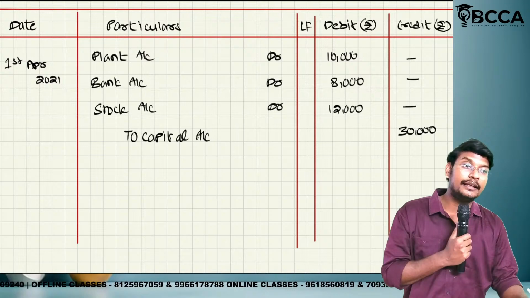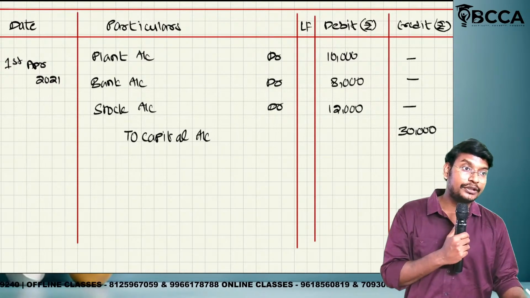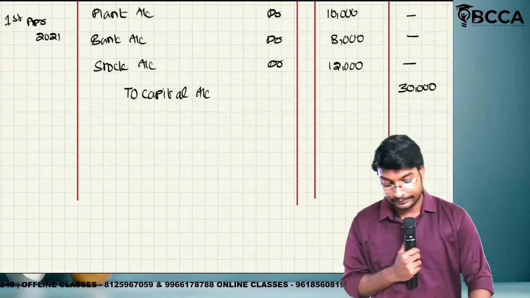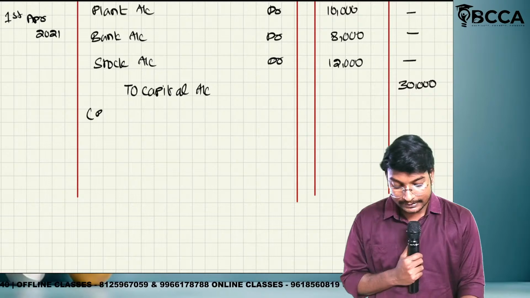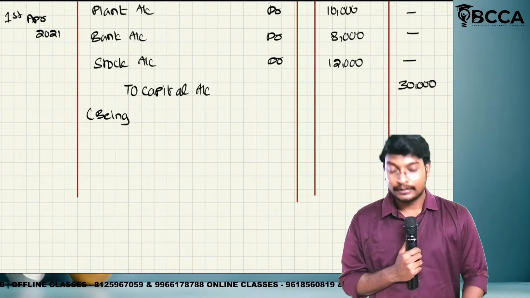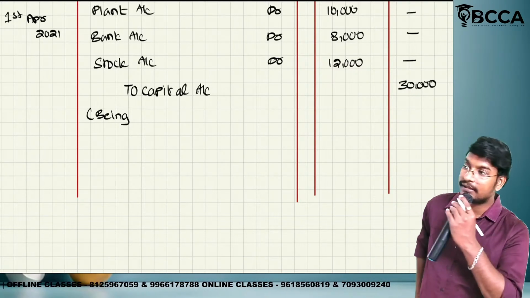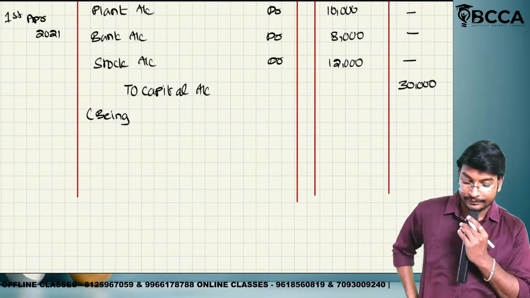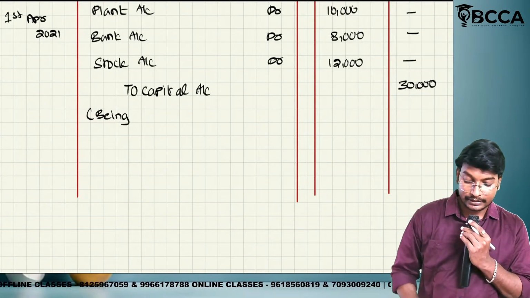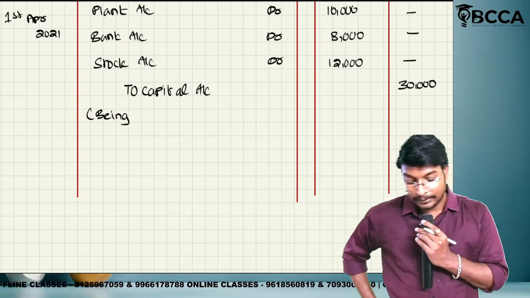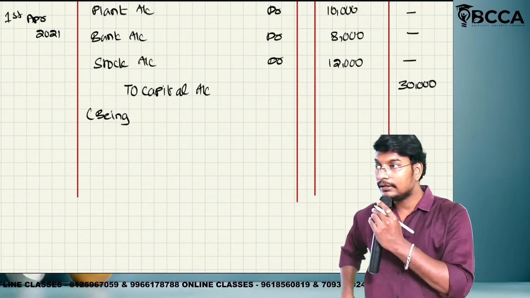Then we need to write the narration. What we need to write? We need to write the narration. What is the narration? Narration will be starting with the word being. Brief explanation about the journal entry is called a narration. So here, owner started the business with plant, bank and the stock.